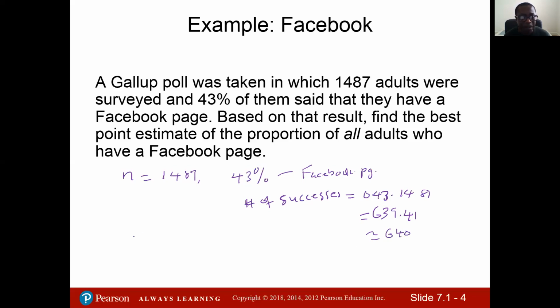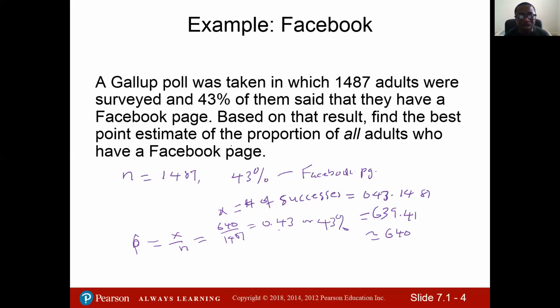Now, my point estimator of the proportion, which is the sample proportion, is given by the formula x over n, where x is the number of successes. In this case it will be 640 over 1,487, and this gives approximately 0.43, or 43%.